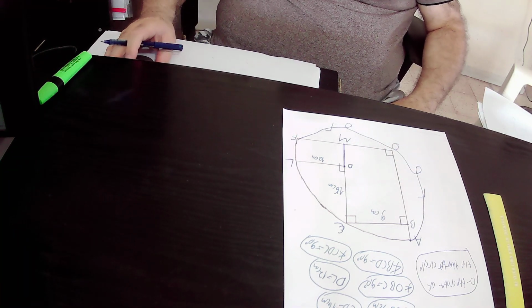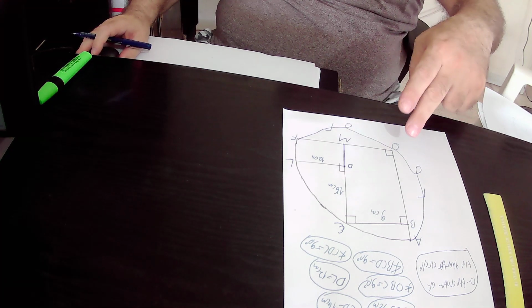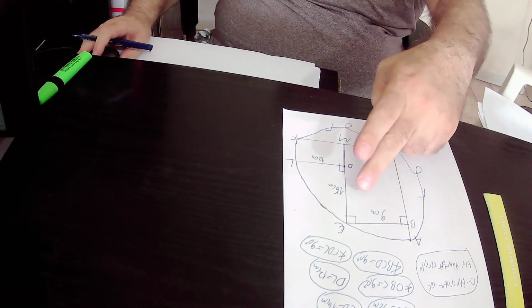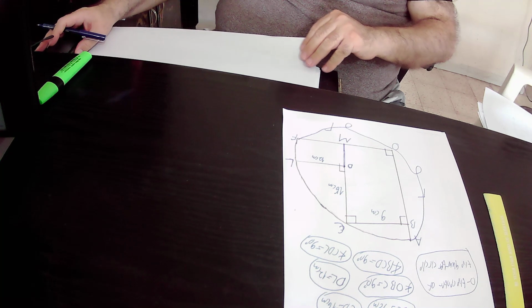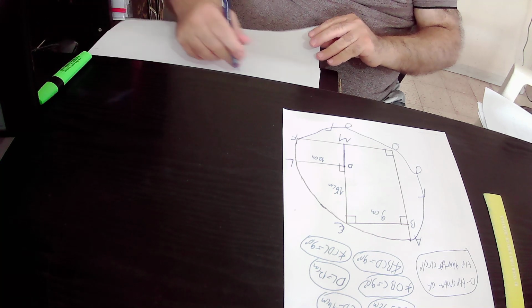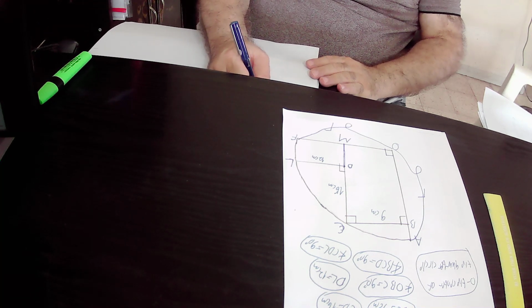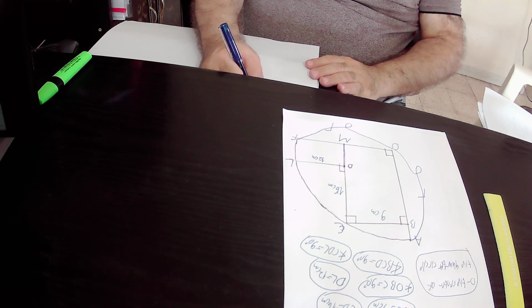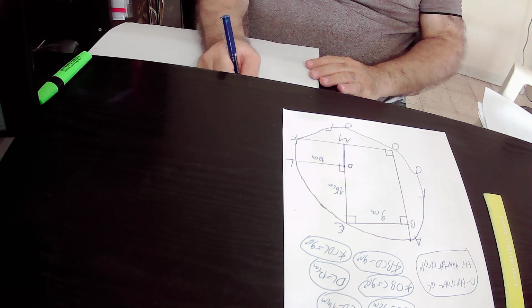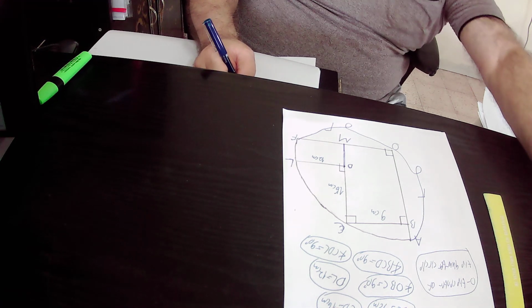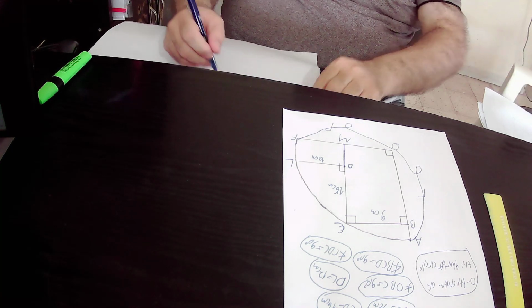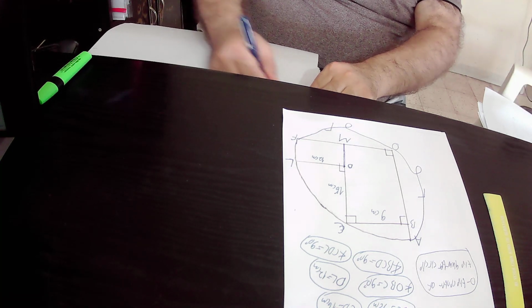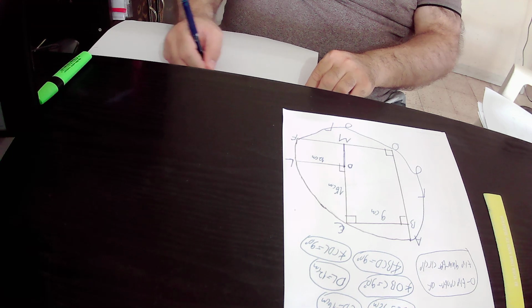And inside quadrilateral BCOM, we have 3 right angles. Okay, so here I write it down. Inside quadrilateral BCOM, we have 3 right angles.